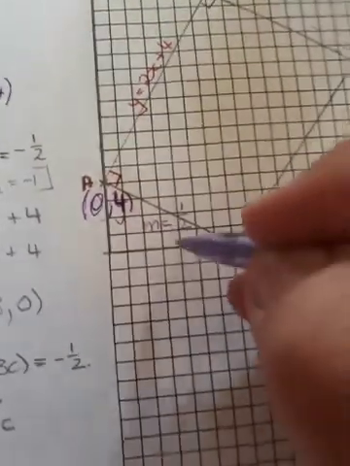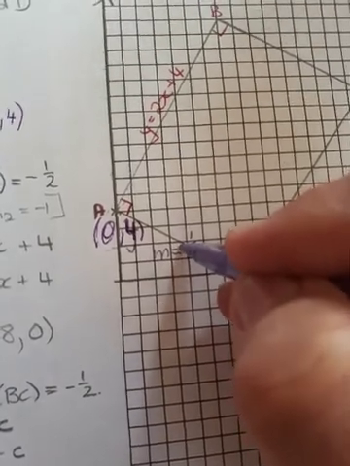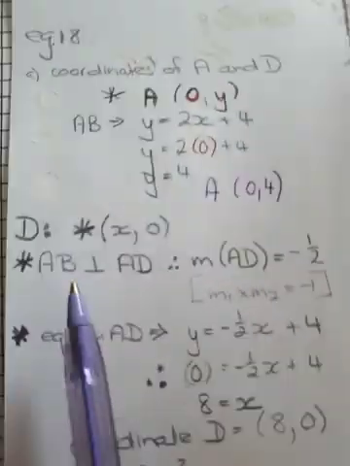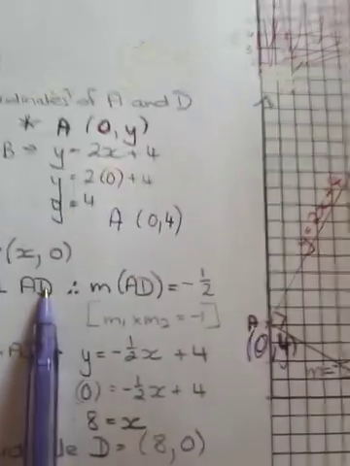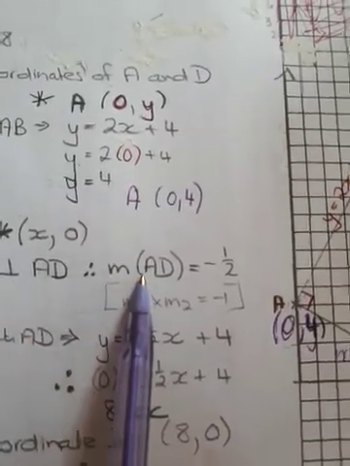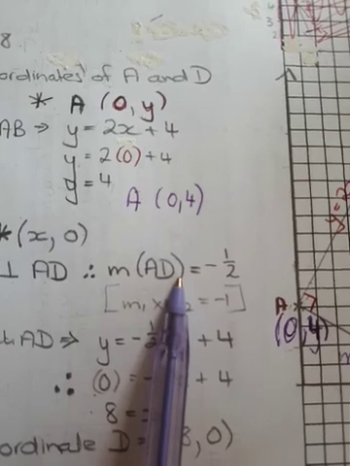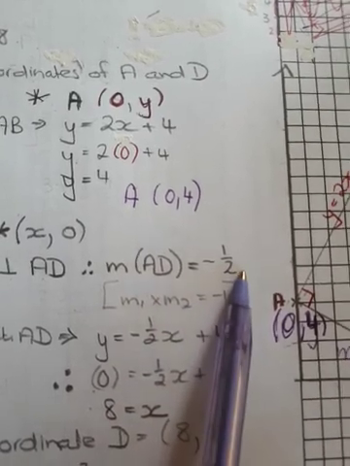That one is positive, so this one is negative. Because line AB is perpendicular to line AD, the gradient for AD is negative 1/2.